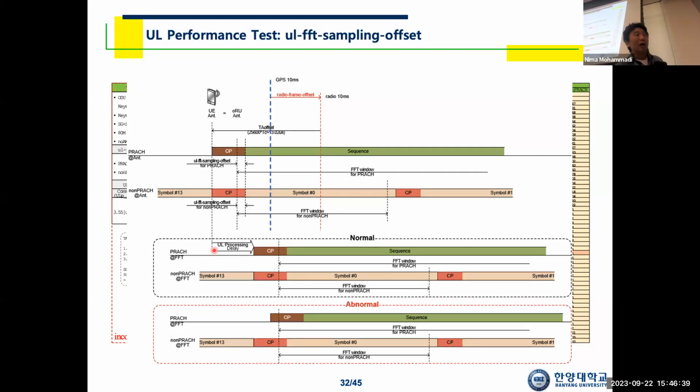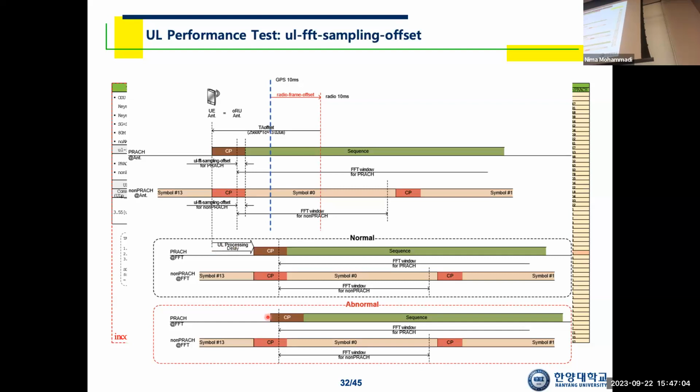So I was thinking that I would have uplink signal processing delay by this much. But what really happened was that this headache caused me to have a little longer delay, because PRACH is a lot longer than a normal symbol period.